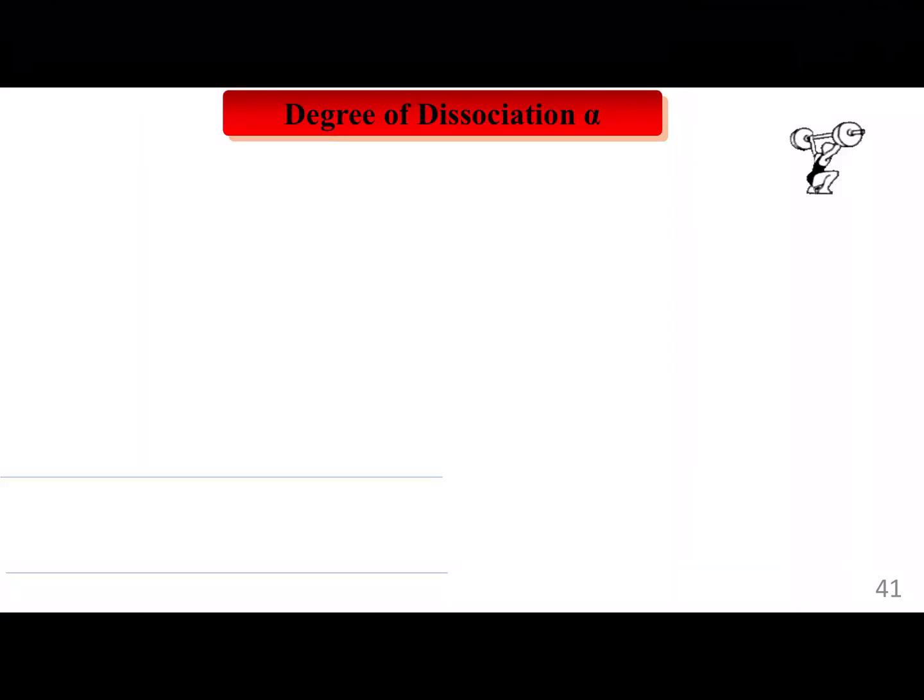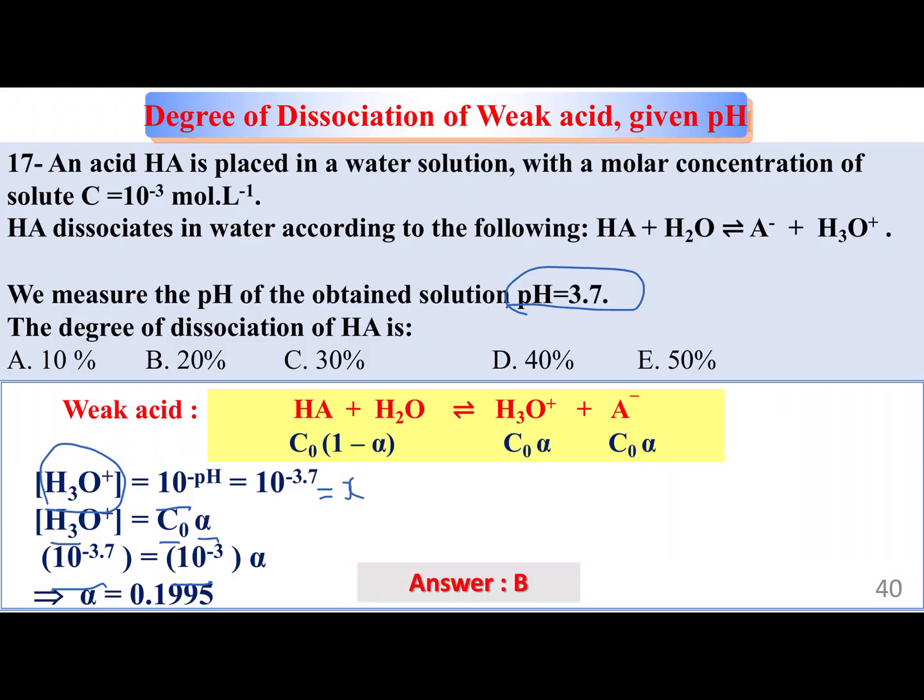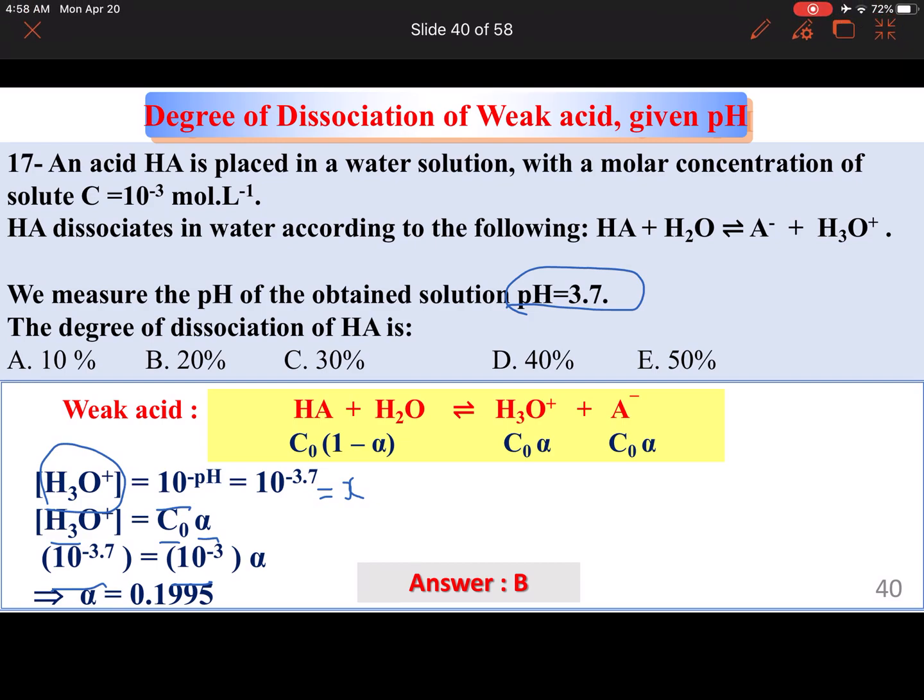Okay, now let's see. And of course, once you get alpha, you notice that alpha is 0.19, and the percent ionization is then times 100, which is 20%. Now, the way I'm more used to it is percent ionization is x divided by initial concentration.